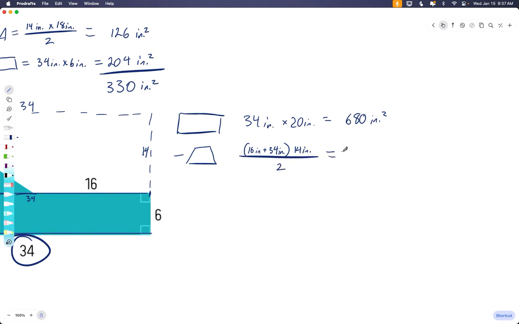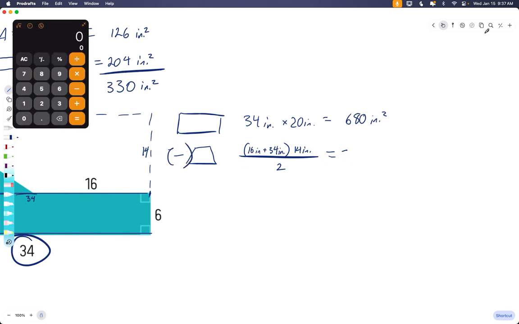And that would be minus, because this is separate, right? So you would have to do all of that. 16 plus 34 times 14 divided by 2. So minus 350. 680 minus 350 is 330 inches squared.